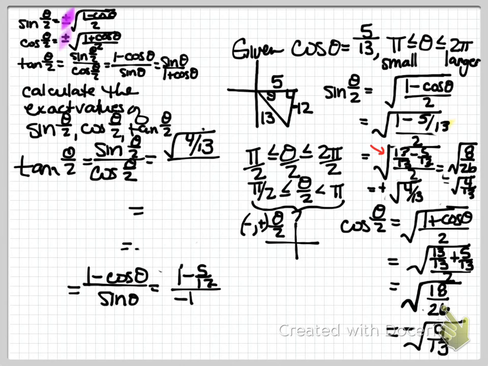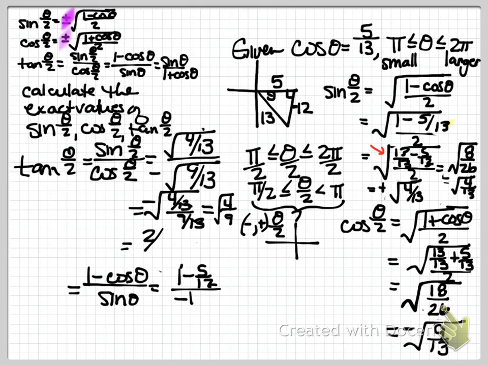The cosine of our half angle was negative square root of 9 over 13. Again, we can make this a big square root, and it's 4 over 13 divided by 9 over 13. 13s are going to cancel, and I'm going to end up with the square root of 4 over 9. Well, that's a perfect square, and so our answer is 2 over 3.